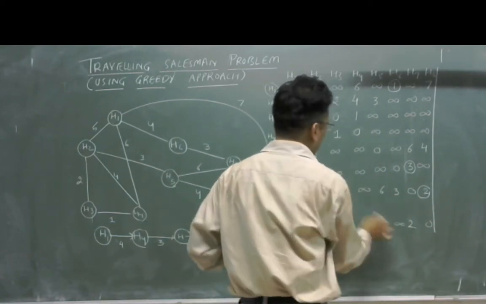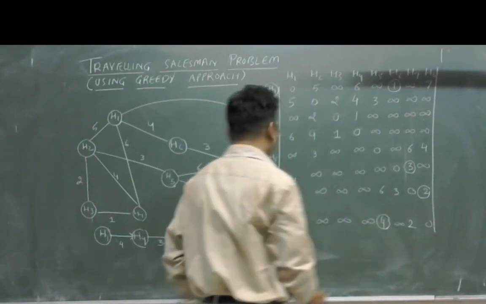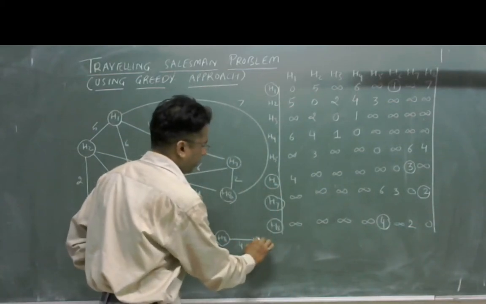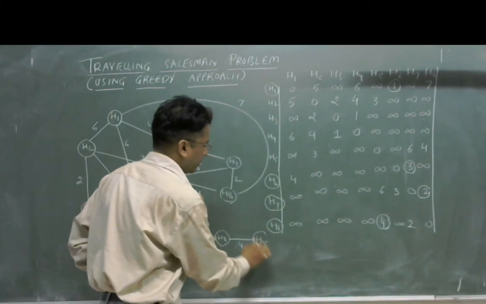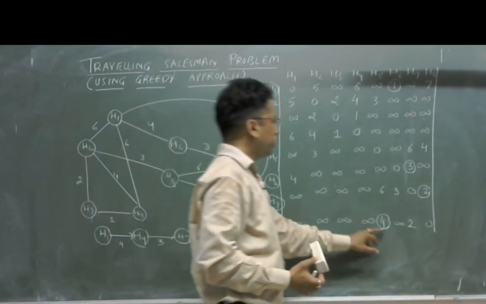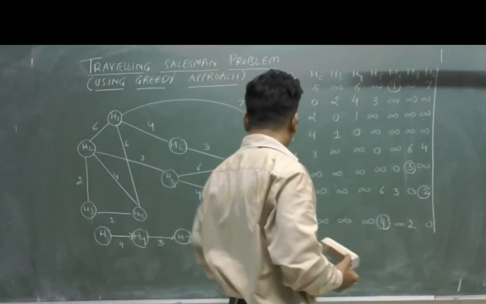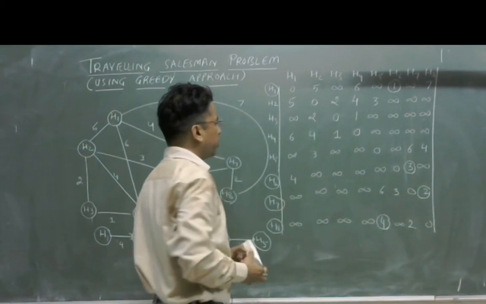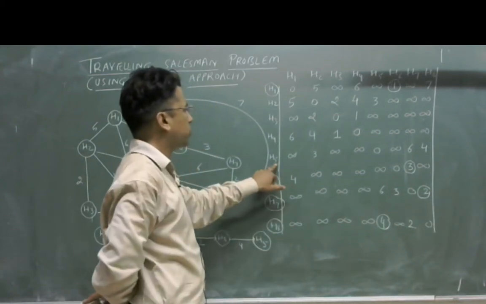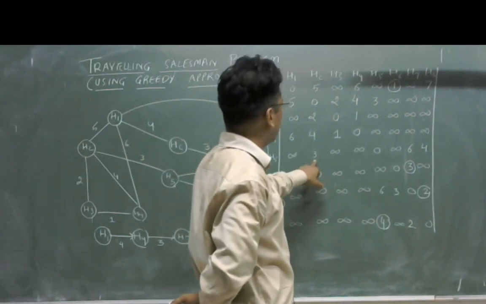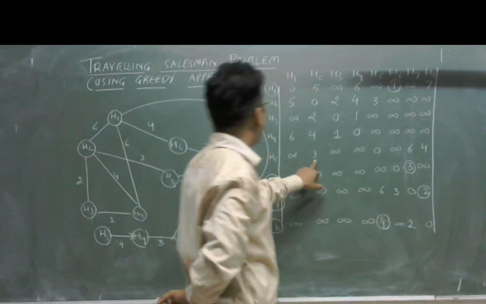H5 is not covered, so we shall mark it at distance 4. Right? H5 at distance 4, we have found the node H5. Now from H5 we shall find out what is the next node that is closest to it. There are 3 nodes which are connected to it. The minimum one is 3 and that is H2.